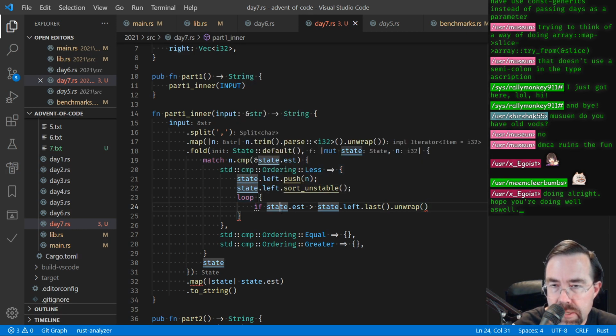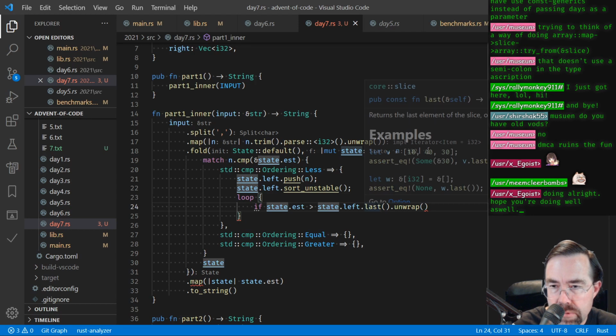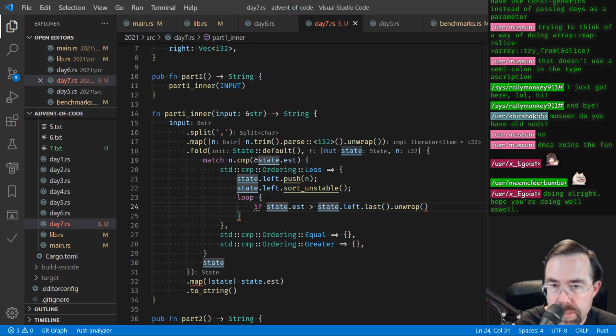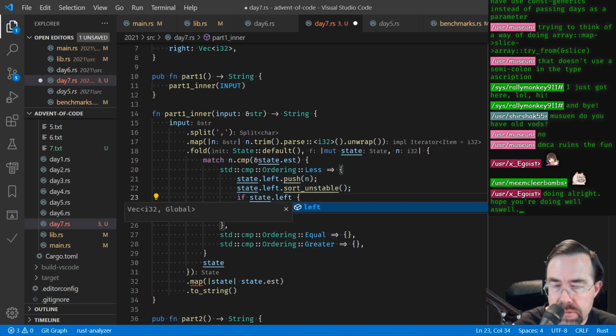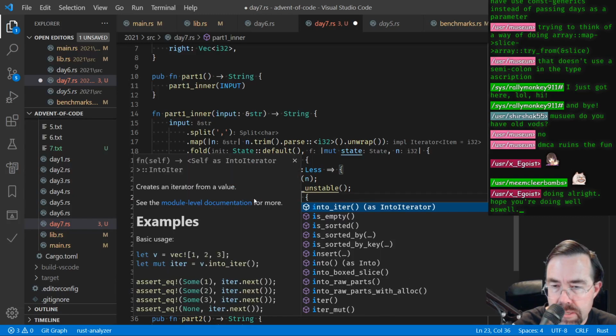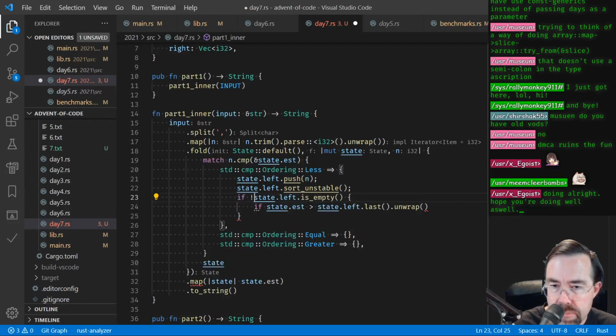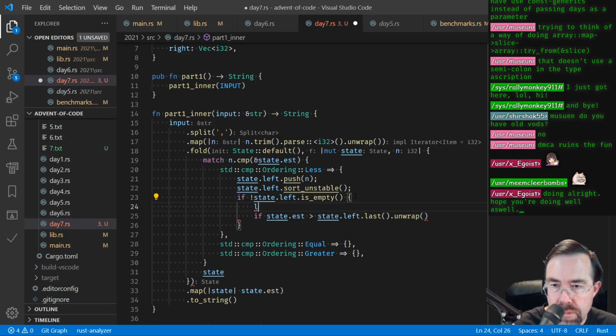Let me think about that. Then we don't want it to move. So I can just say if state.left isn't empty, and then loop for now.